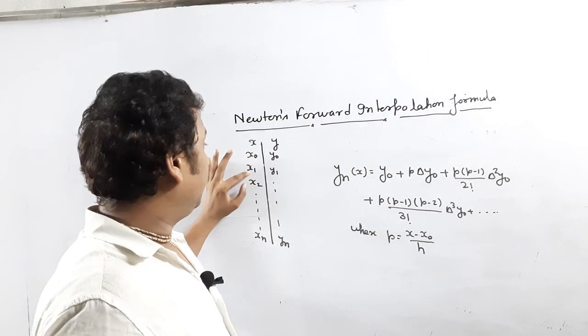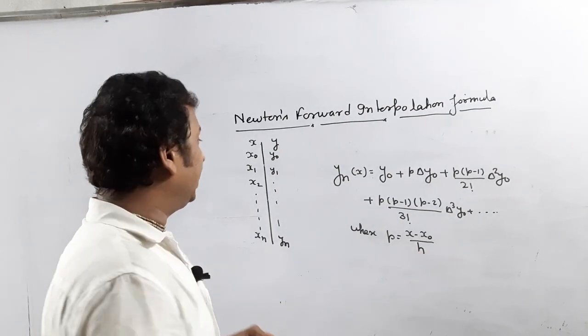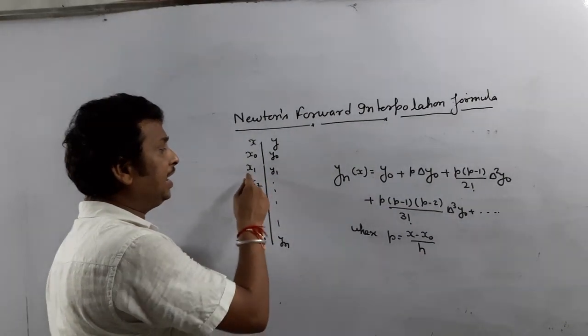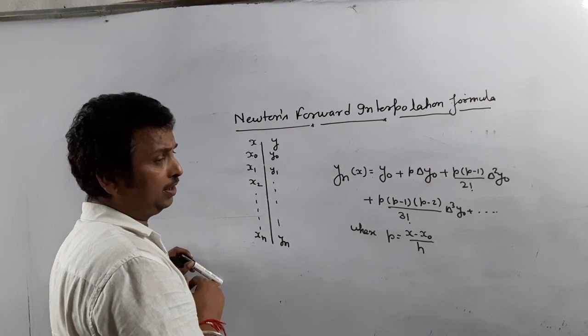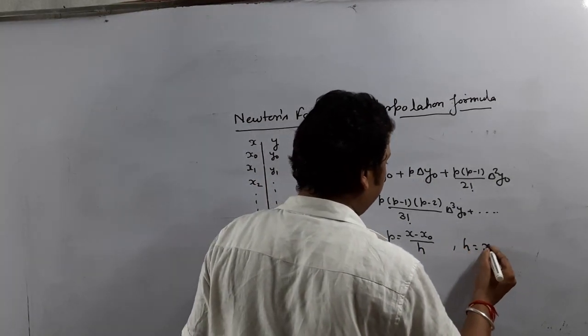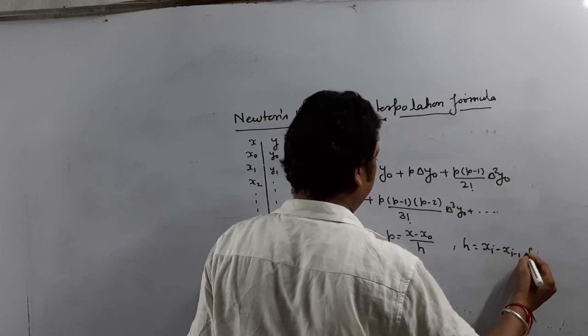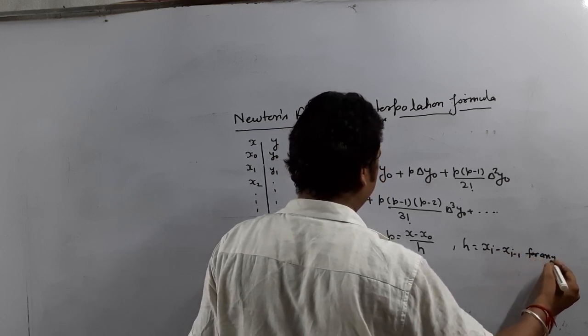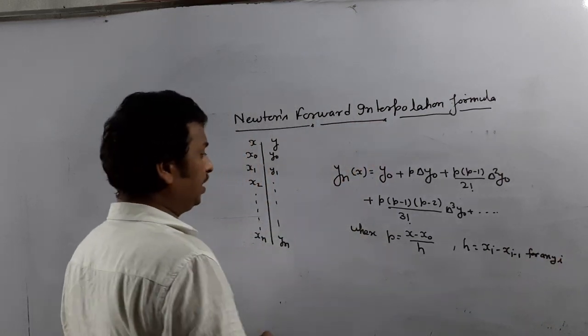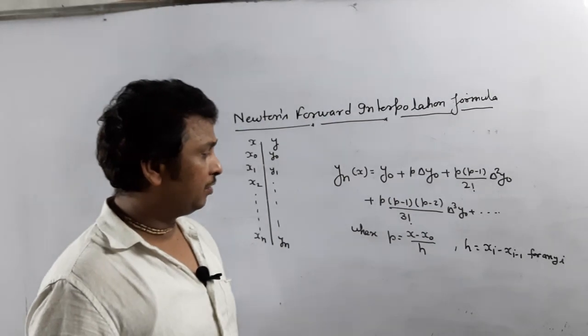That common difference is h, where h is xi minus xi minus 1 for any i. If it is equally spaced, then we can use Newton's forward interpolation formula.